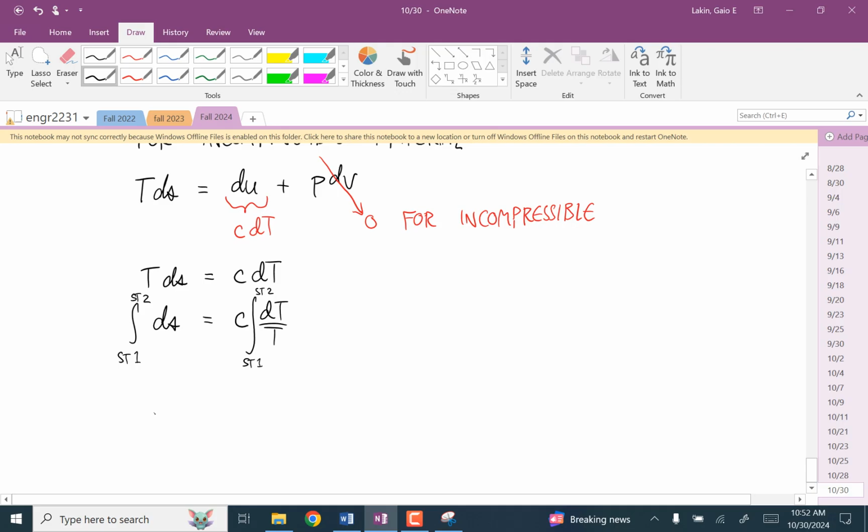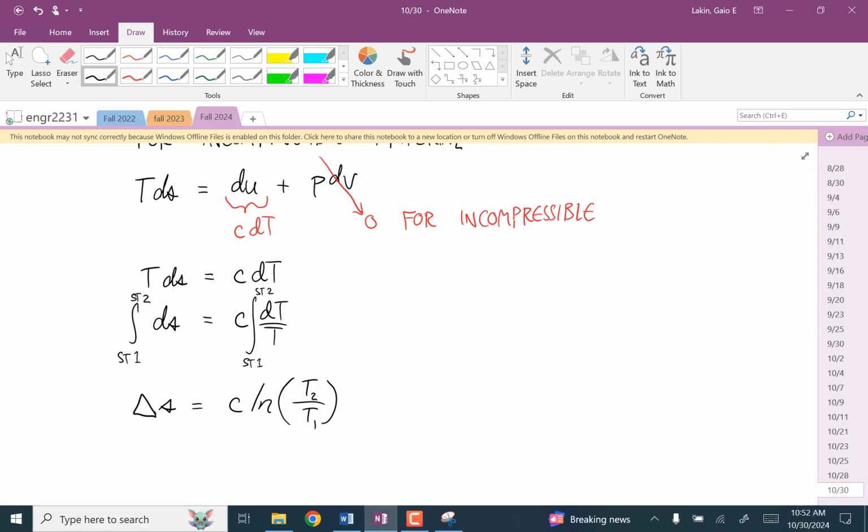And what we get is that the change in specific entropy is equal to C times the natural log of the later temperature over the earlier temperature. And that's actually an equation that's in that equation sheet. So if you have an incompressible material and you know the temperatures and the specific heat, you can always calculate the change in entropy.